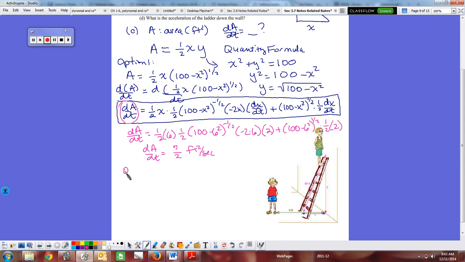All right, option 2, just to kind of contrast what might be happening here in part C, instead of eliminating that y out, I'm going to leave my quantity equation as 1/2 xy. And if I leave that, I'm going to take the derivative to get my related rate equation.